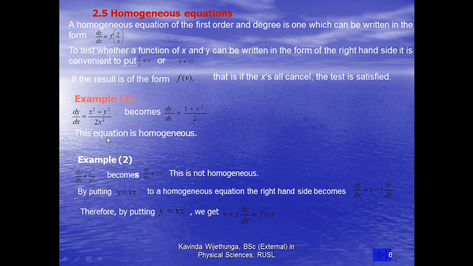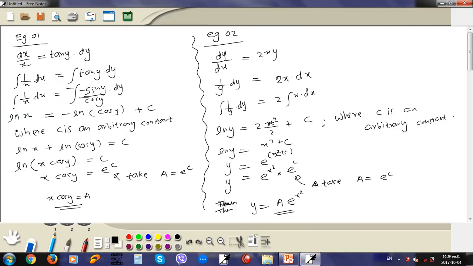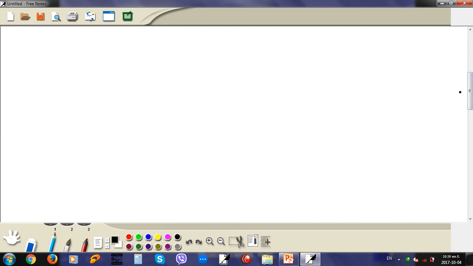So example 1 is dy by dx equals x squared plus y squared over 2x squared. So we can check whether it is homogeneous or not, right? For homogeneous equations, example 1, dy by dx equals x squared plus y squared over 2x squared.